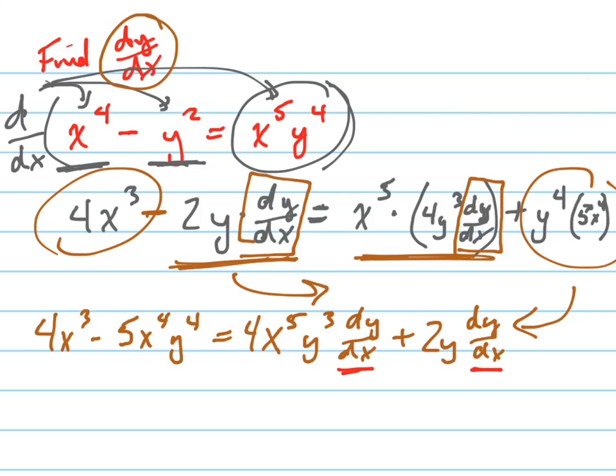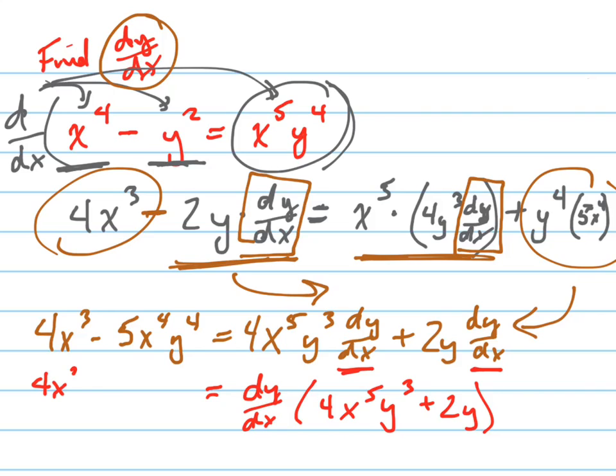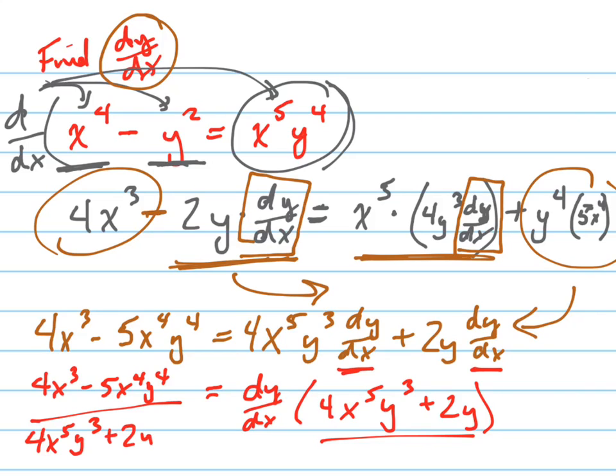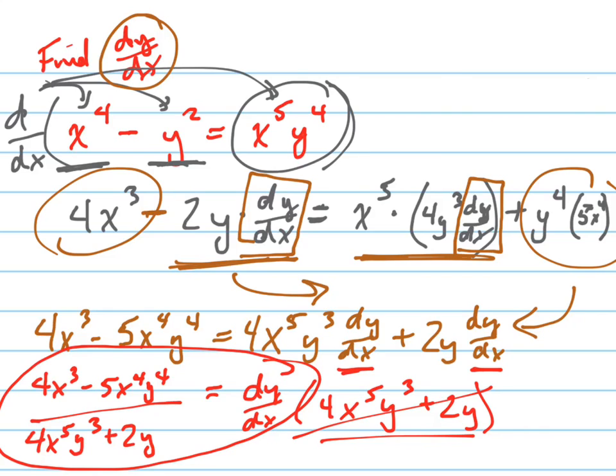Most calc students would be able to do this in their head. There's that, equals this over here, 4x cubed minus 5x to the fourth, y to the fourth. And now I'm going to divide by this over here, 4x to the fifth, y to the third plus 2y. And now I can get rid of that, and there's your answer right there.